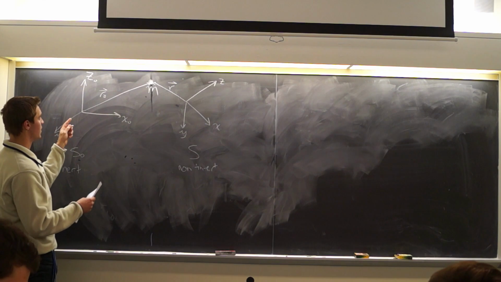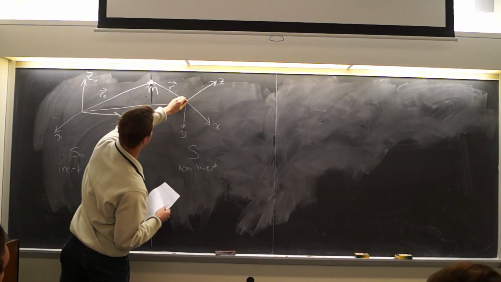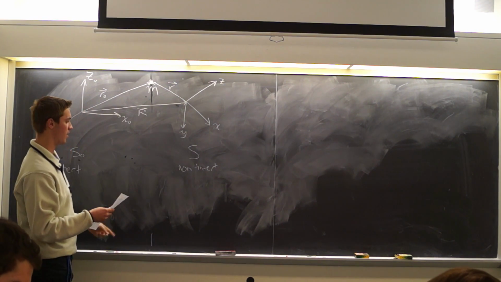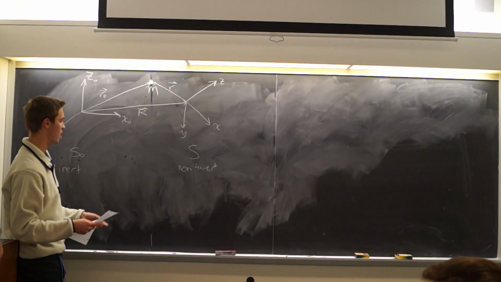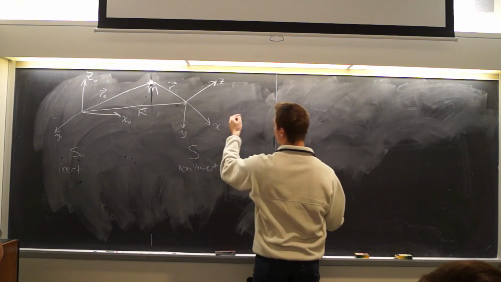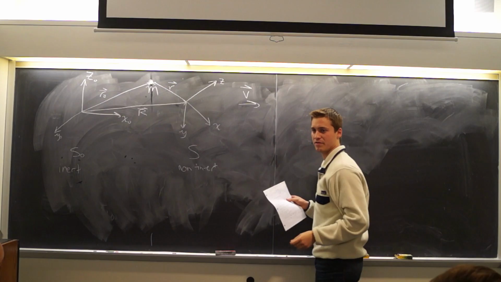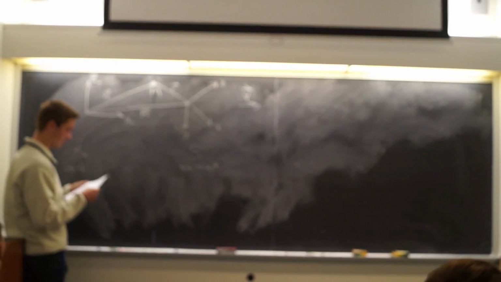And then we draw the relative distance between them, which is big R. In this problem, we're dealing with translational motion, so the non-inertial frame is moving with some arbitrary velocity v away from the inertial reference frame.